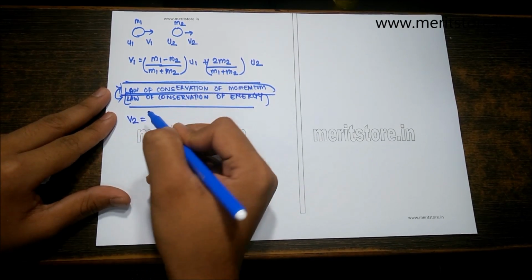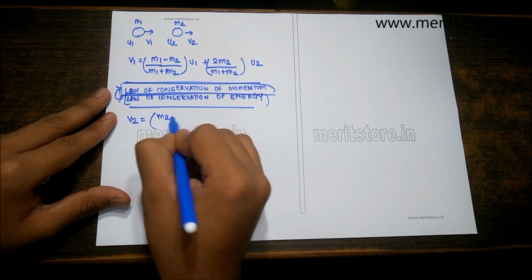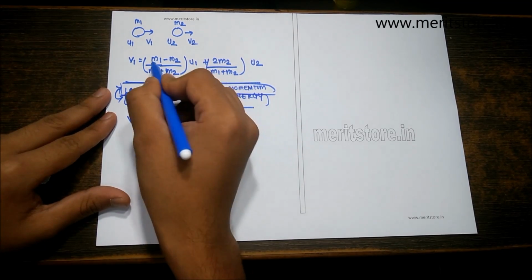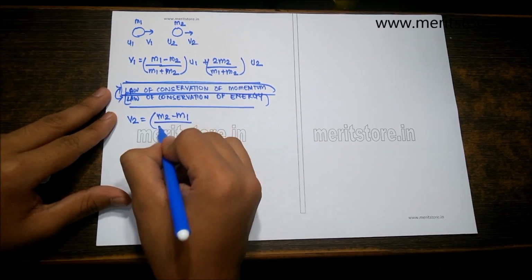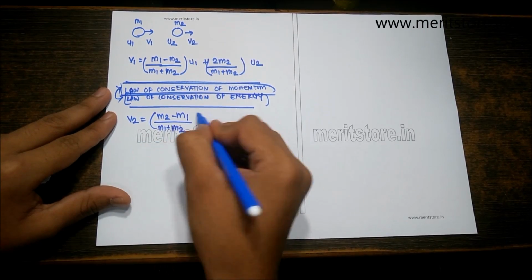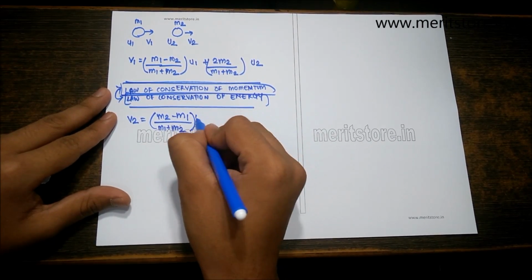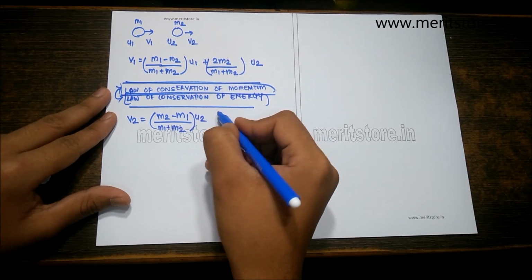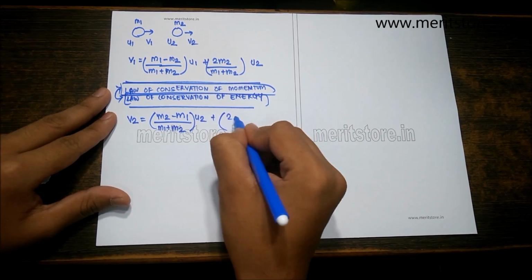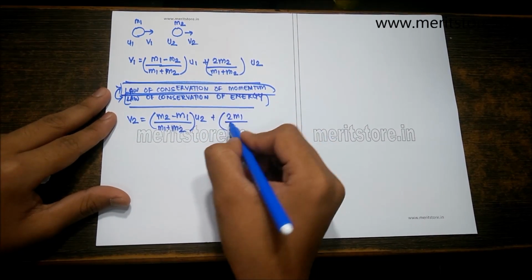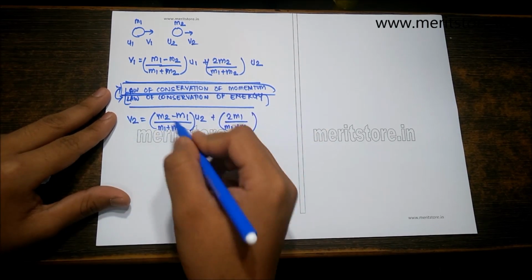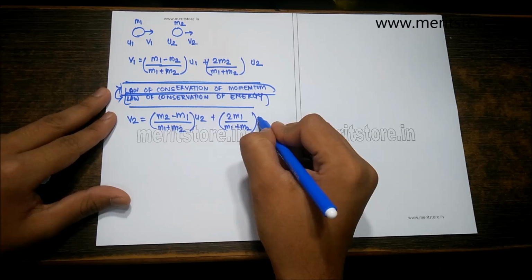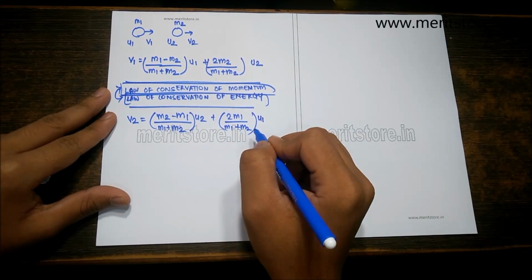Another relation for v2 is basically (m2 minus m1) upon (m1 plus m2) times u2, plus 2 m1 upon (m1 plus m2) times u1. Notice the change in the values of the masses. The denominator always remains the same, it's just the numerator that changes.